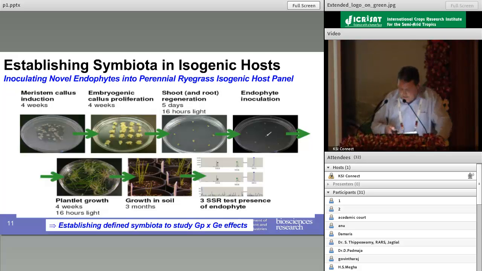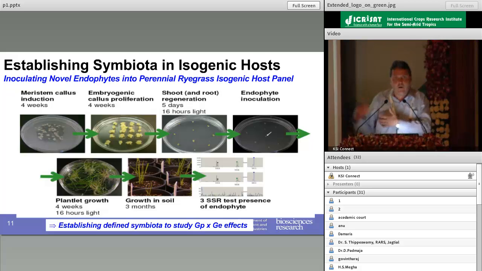This illustrates this step in that process: having established that panel, a matrix of grass host genotypes and endophyte genotypes, we are able to dissect not only the effect of the interaction of the genome of the host with the supplementary genomes of the fungal endophytes.